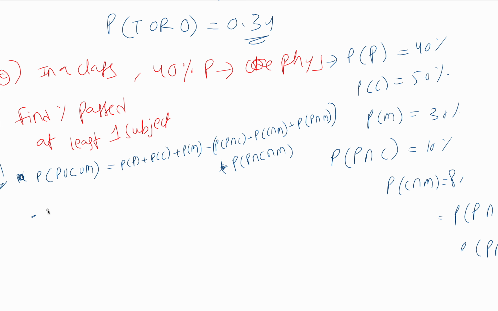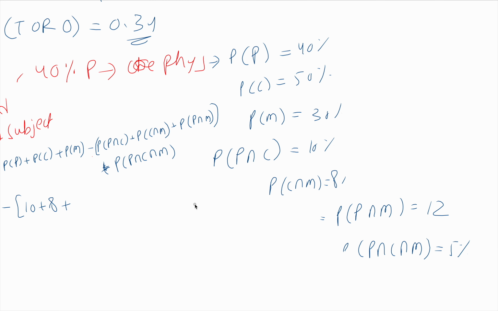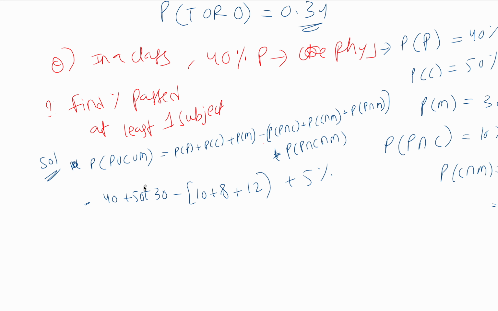How to substitute it? All are in percentage, so we don't change that. 40 plus 50 plus 30, minus 10 plus 8 plus 12, plus 5%. That is 40 plus 50 is 90, plus 30 is 120, minus 30, then plus 5.